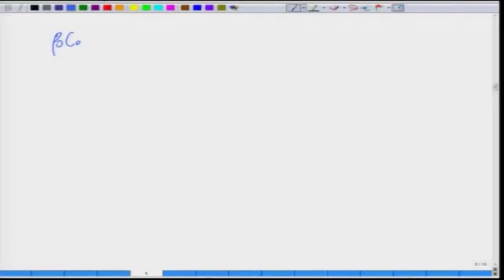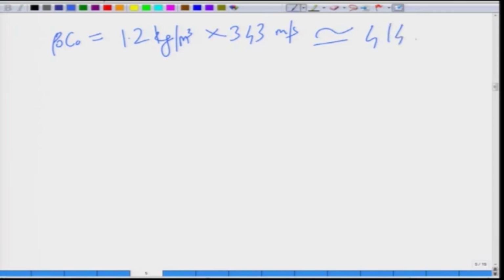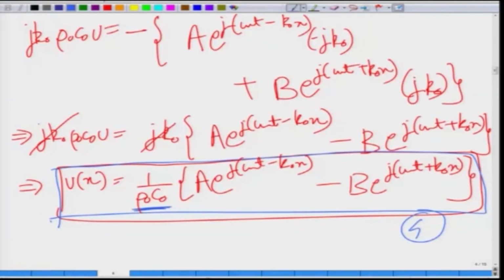If you recall from the last lecture, rho naught C naught is, assuming the density of air to be 1.2 kg per meter cube multiplied by 343 meter per second, approximately 414 or so kg per meter squared per second. The characteristic impedance basically tells you the opposition to wave propagation offered by the medium. So, let us go back to equation 4 and also simultaneously recall the pressure equation.